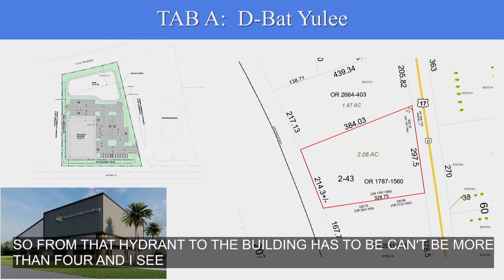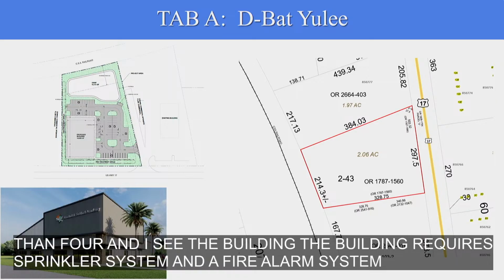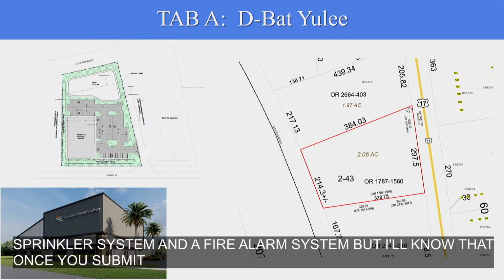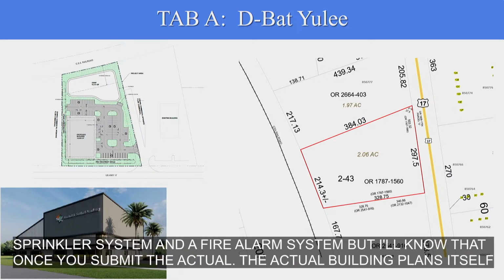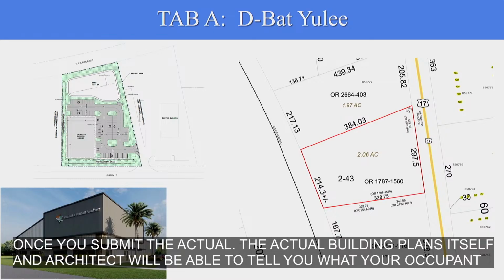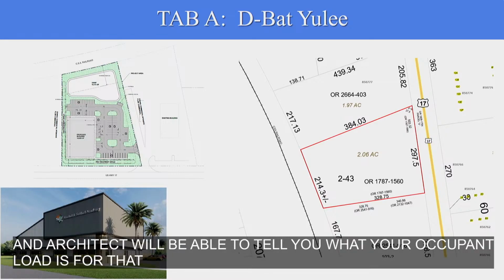The building size itself may require a sprinkler system and a fire alarm system, but I'll know that once you submit the actual building plans itself. An architect will be able to tell you what your occupant load is for that. Okay. Thank you. That's all I have.